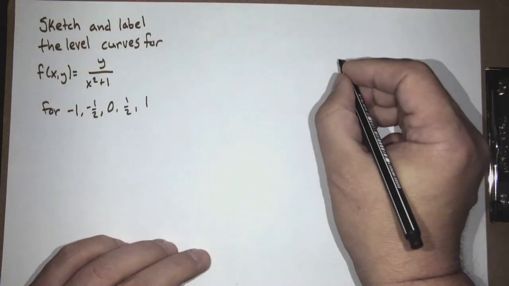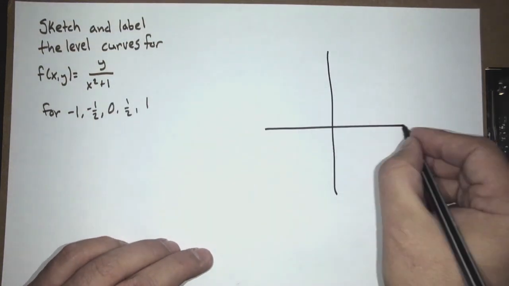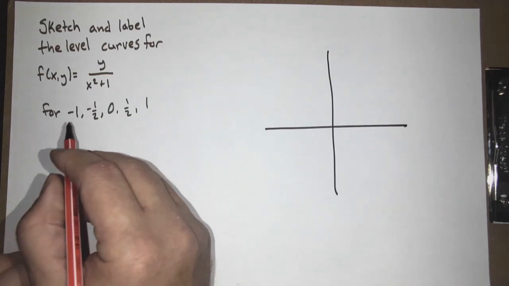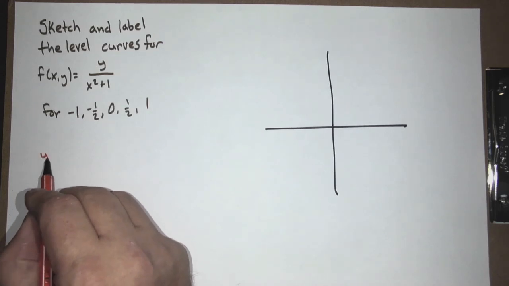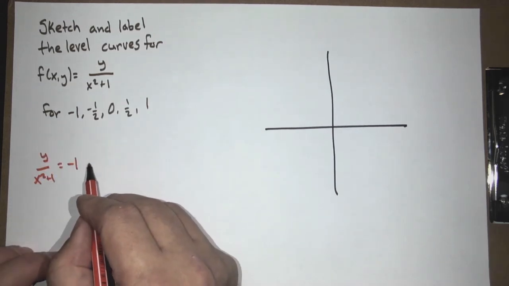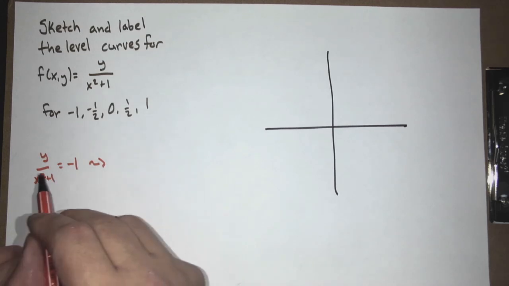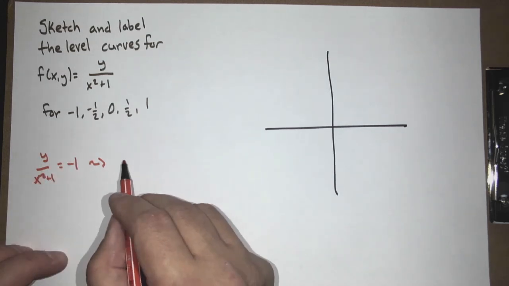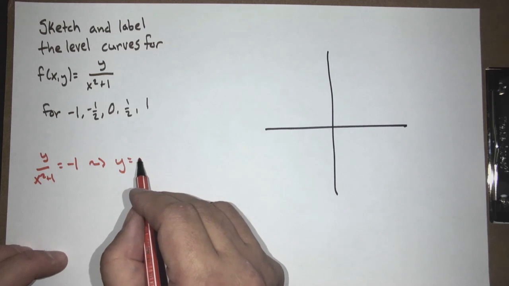So what does this ask us to do? Well, you set the function equal to these values. So y over x squared plus 1 equals negative 1. And now this is not a three-dimensional thing anymore. It's a two-dimensional thing, so it can go in the plane.